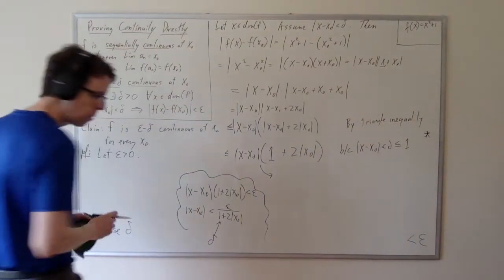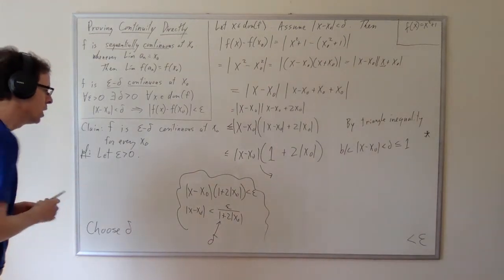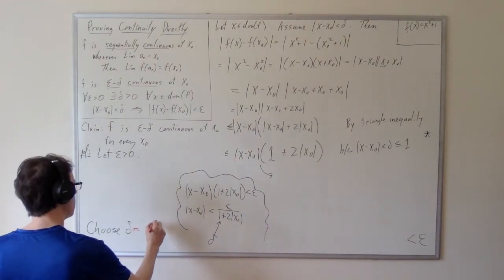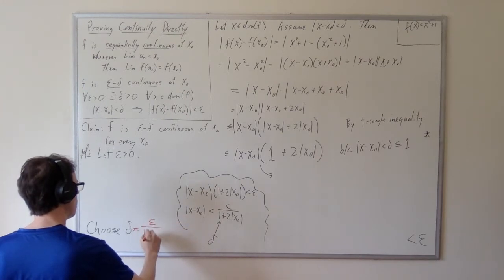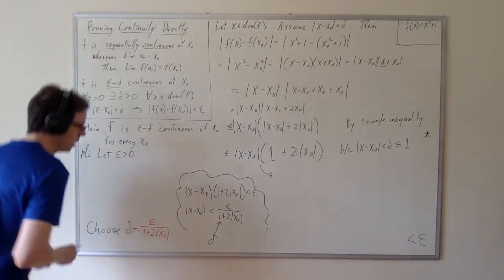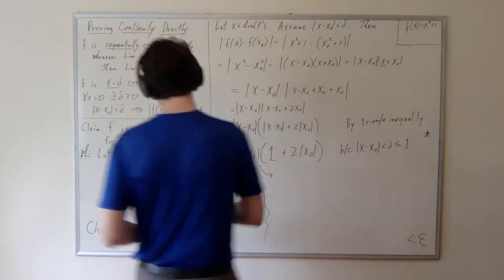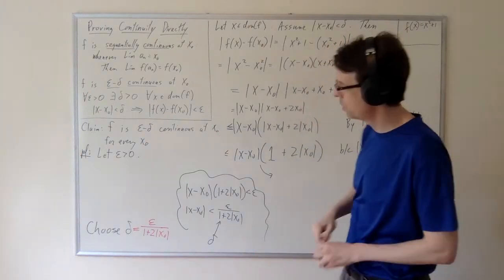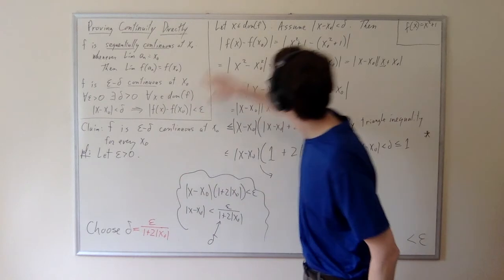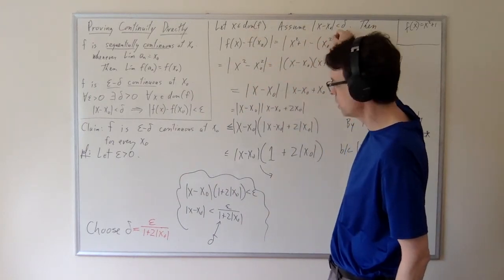Now, therefore, and this will make you nervous, I'm going to choose delta to be epsilon over 1 plus 2 absolute x naught. So that's my choice of delta. Notice it doesn't depend upon x, that preceded the choice of x, and it preceded the assumption that this x minus x naught is less than delta.